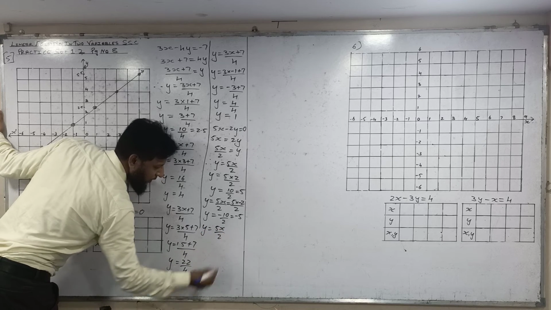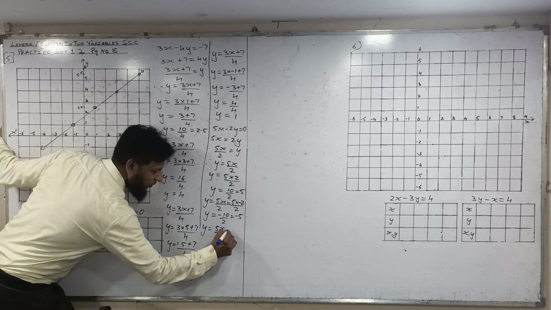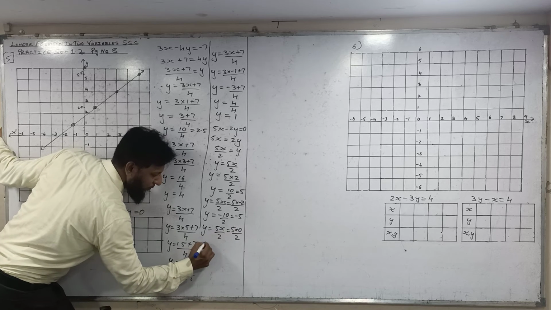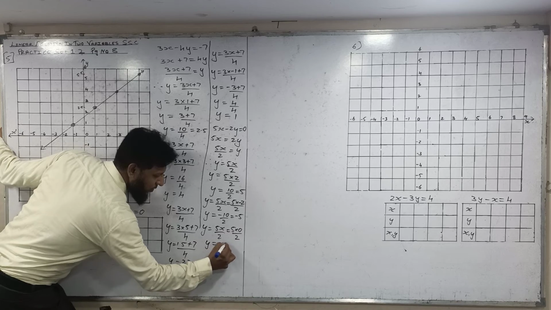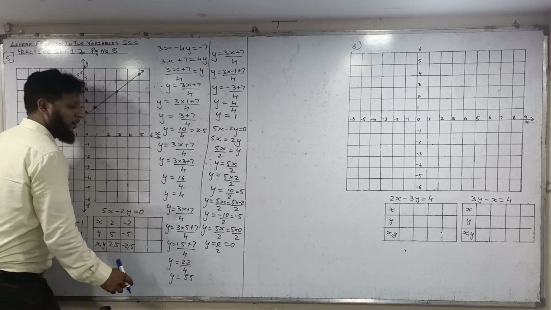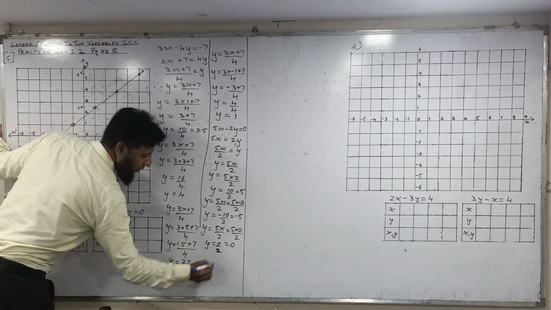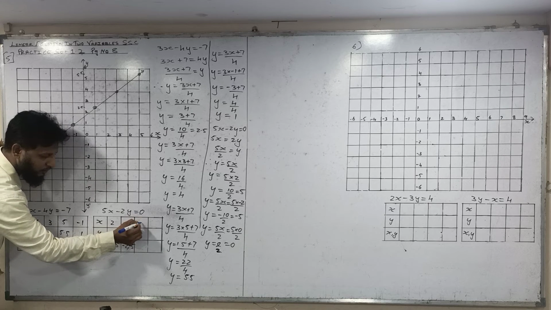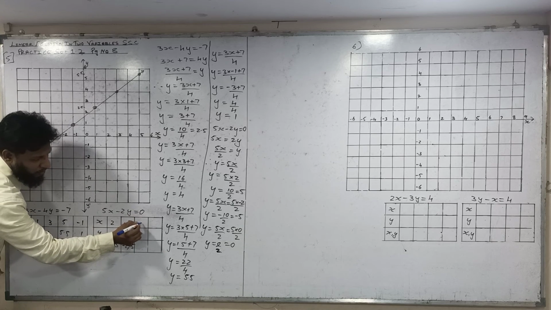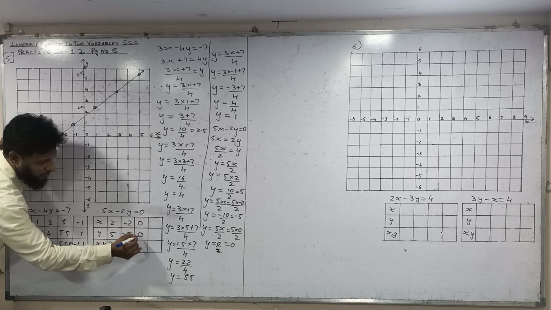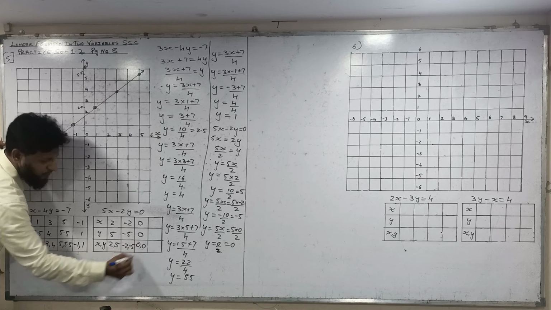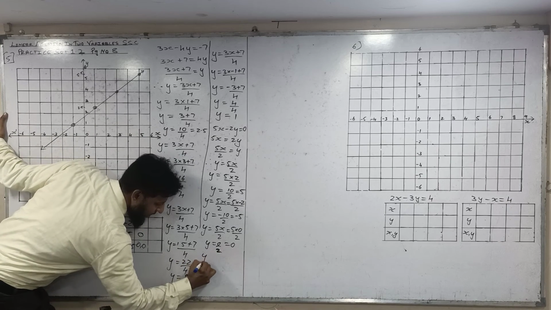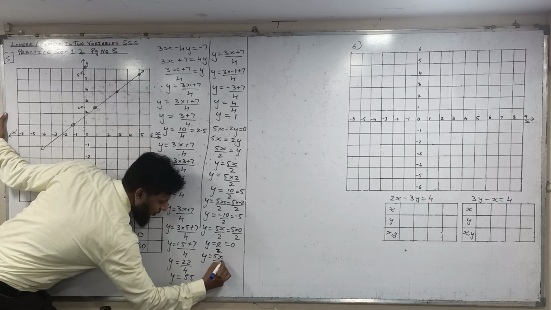Then again y is equal to 5x upon 2. So now take x value 0. So 5 into 0 upon 2. 5 zeros are 0, means 0 upon 2 means 0. If zero is above, then there is no value of the denominator. So y is equal to 0. When I have taken x value 0, I get the y value 0. 0 and 0. Now again y is equal to 5x upon 2.